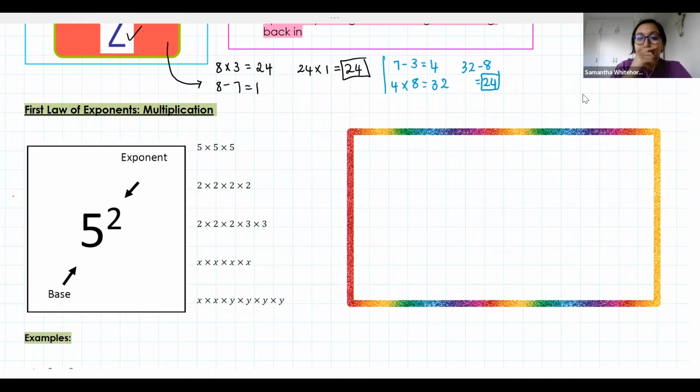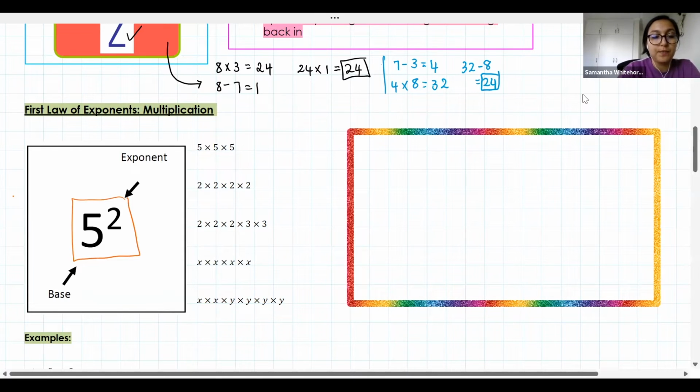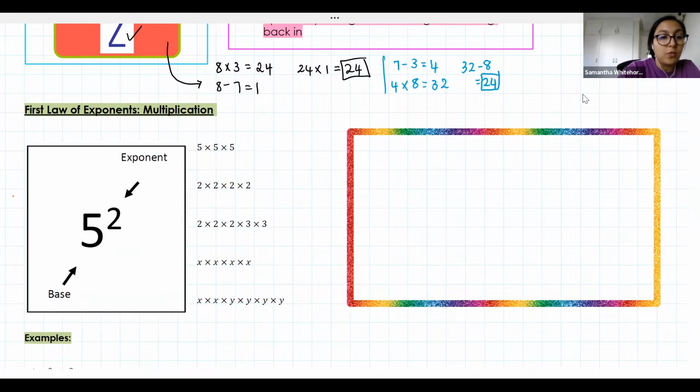Alrighty. So the first thing we're going to chat about is what actually is an exponent. So when we're talking about exponents, essentially we're talking about a number with a power attached to it. And so you can see here, I've given you an example of 5 to the power 2. Now this number is made up of 2 parts. We've got one part, the 5, which is our base number.